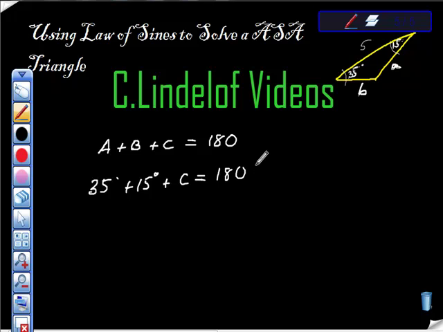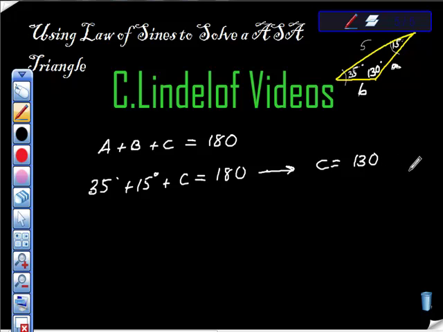Just by doing a little math, we add these together and subtract from 180, so C is equal to 130 degrees. We're just filling in our blanks to solve our triangle. If we add these interior angles together, we get 180, so that's good.